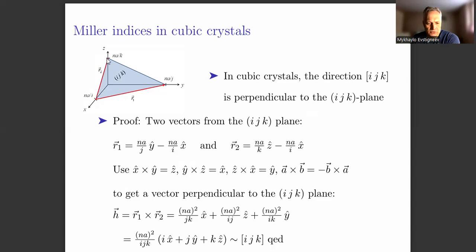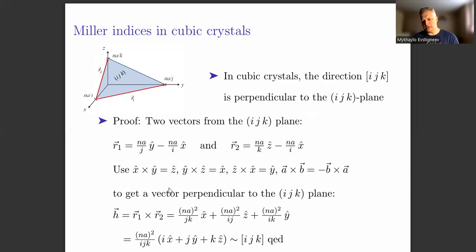The vector R2 starts at the intersection point with the x-axis and ends at the intersection point with the z-axis. And now to form the vector product, I recall the well-known fact that a vector product of unit vectors in the x and y direction is a unit vector in the z direction.